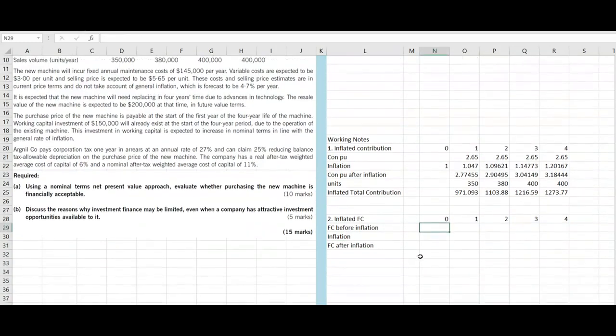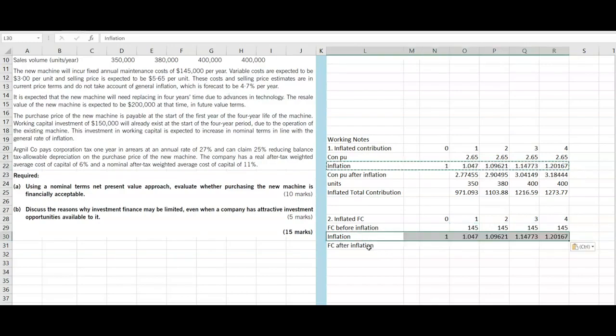The fixed cost is always the same number. It's an annual fixed cost of 145. So it's going to be the same number for all the years, but inflation is going to change. The inflation is the same 4.7%. So better we take these same numbers and paste them. We got that, and we can just multiply.